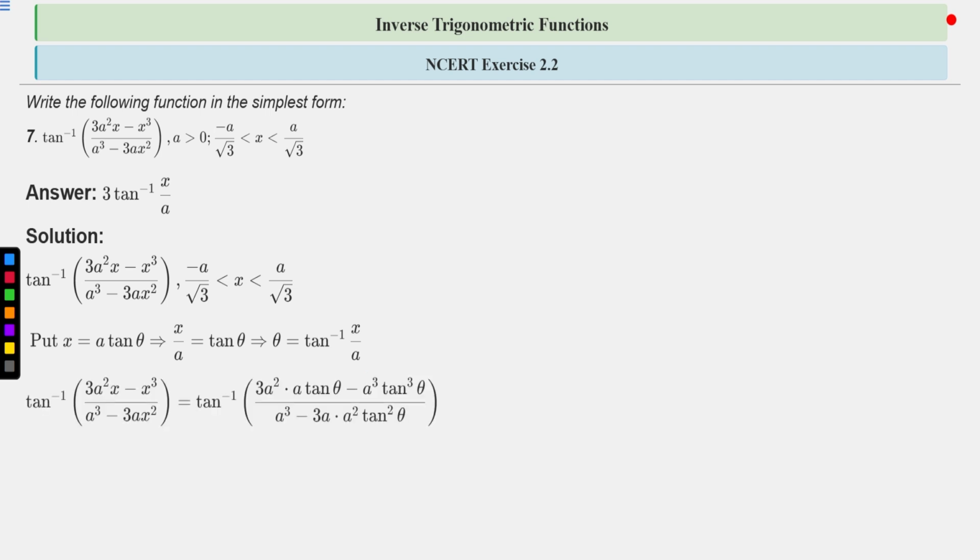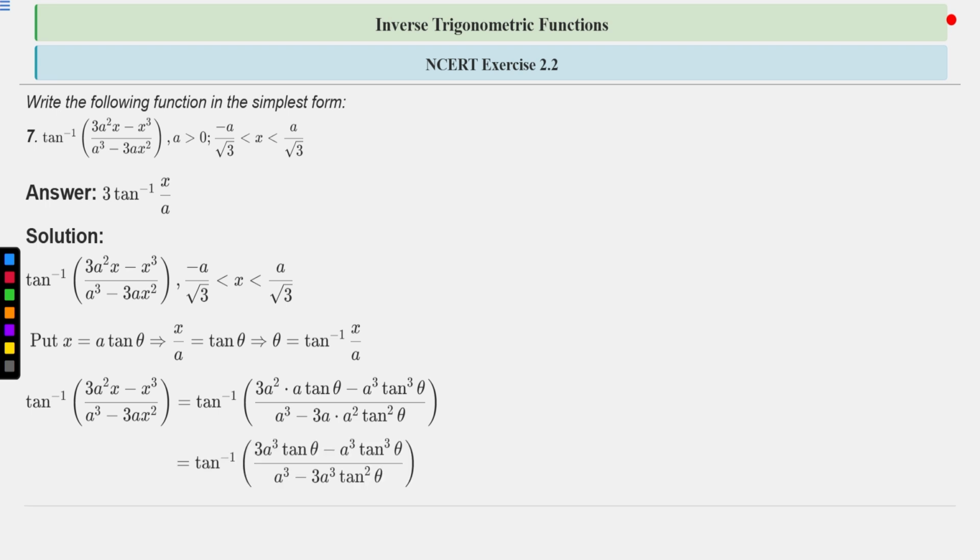So we can convert this tan inverse 3a square x minus x cube upon a cube minus 3a x square, which will further simplify to tan inverse 3a square into a tan theta minus a cube tan cube theta upon a cube minus 3a into a square tan square theta.